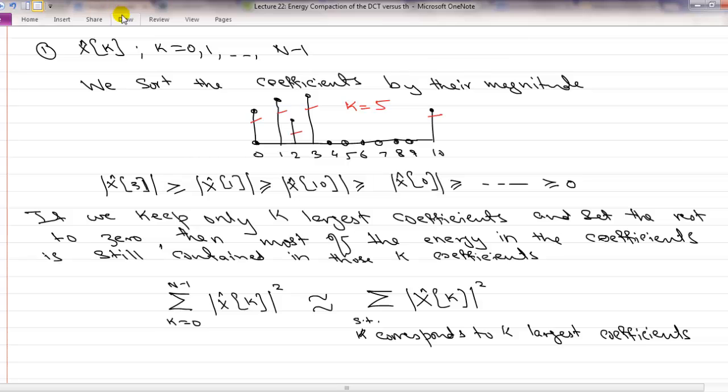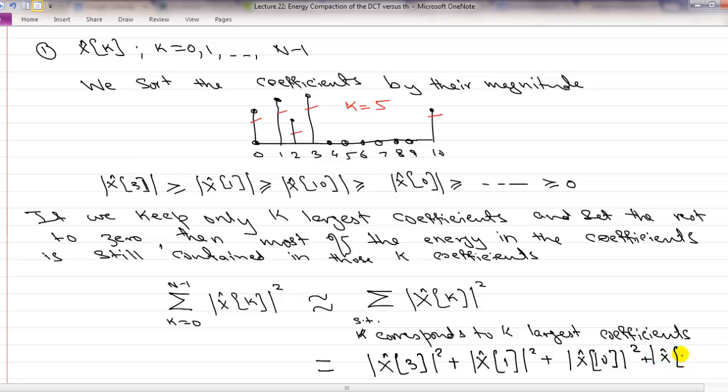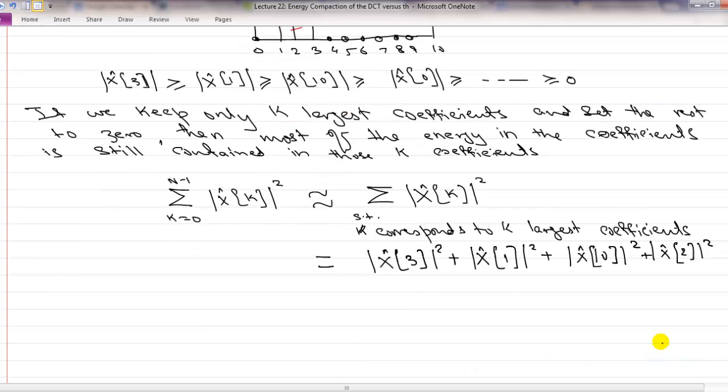So the energy in my coefficients is exactly equal to the energy in x hat of 3 squared plus x hat of 1 squared plus x hat of 10 squared plus x hat of 2 squared plus x hat of 0 squared.